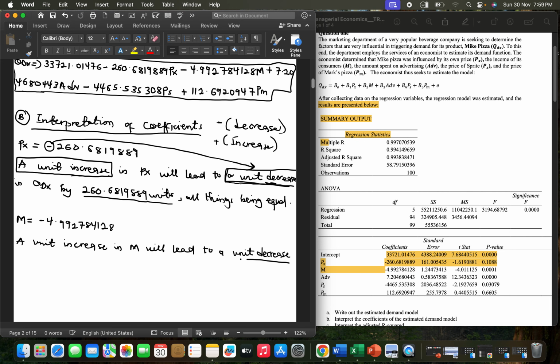I'm using a unit decrease because it's negative, in QDX by 4.992784128 units, all things being equal.